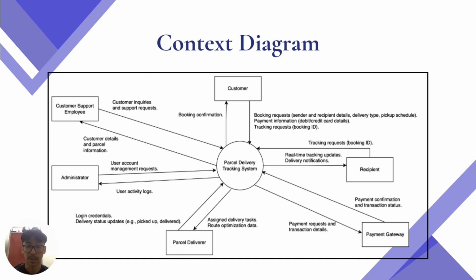All combined together, these interactions form a cohesive ecosystem that ensures efficient, transparent, and also user-friendly parcel delivery services. So all in all, this context diagram provides a clear visualization of how various entities collaborate with the parcel delivery tracking system to deliver its service effectively.